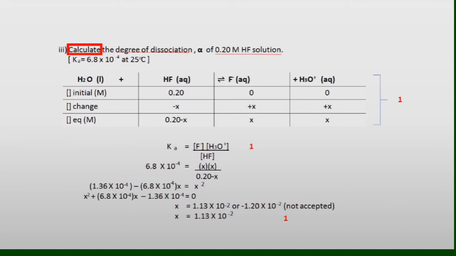So we use the formula concentration of H3O+ ion dissociated over initial concentration of HF. So this is what we get for the X over the 0.2 that is given, and the answer is 0.0565. So for the marks, we will get 1 mark from the ICE table, 1 mark when we use the formula of concentration of acid, and 1 mark when we get the value of X. Then the last mark we get when we answer the question.